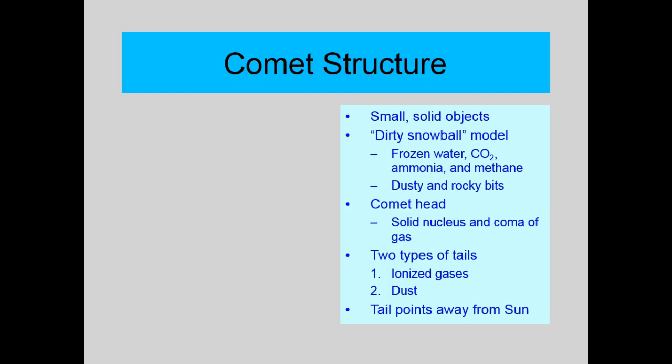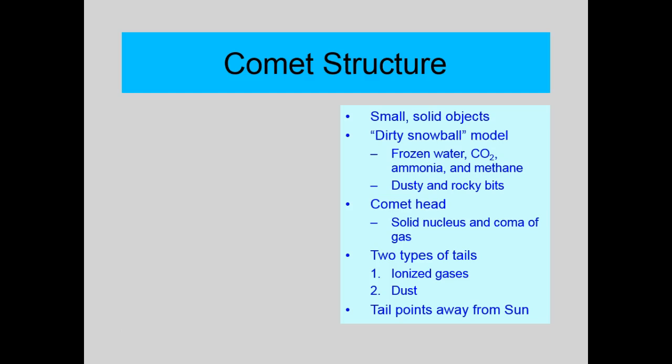The head is the solid nucleus, and then the coma is a surrounding bit of gas, okay? They call that the coma. It's sort of like a little atmosphere, you might think. Solid nucleus in the coma. And then two types of tail. Now, one of these is ionized gases. Now, did we talk about what an ion is before? We did.